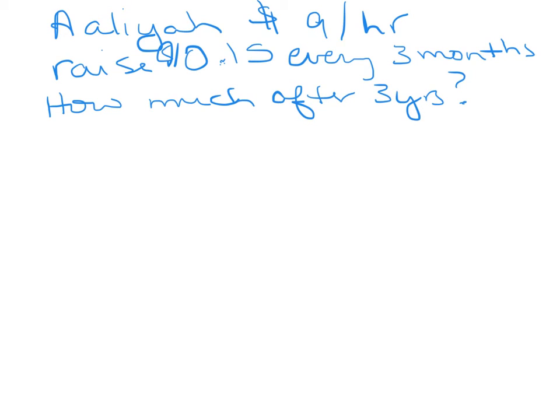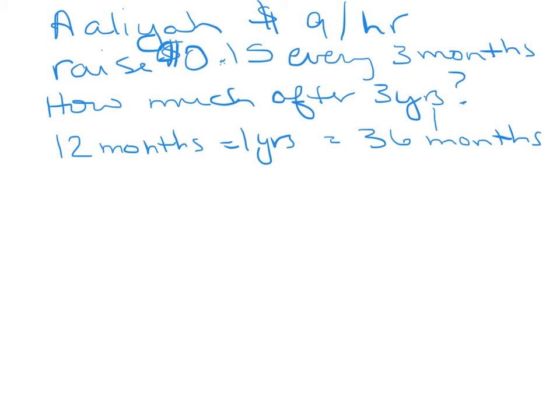Well, because the original word problem is every 3 months, we need to figure out how many months we have. So there are 12 months in 1 year. And there are 3 years, which means 36 months for 3 years. But it's every 3 months she gets a raise, so we're going to divide that by 3.